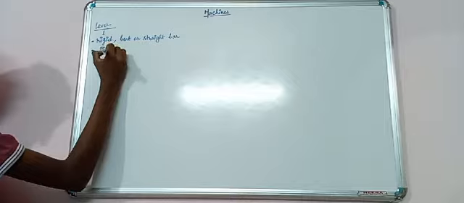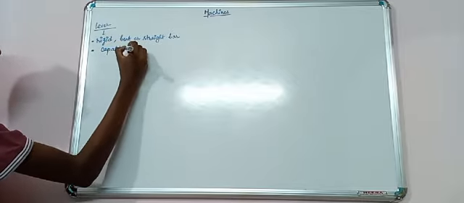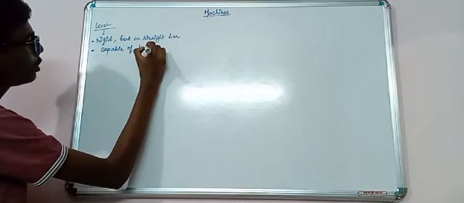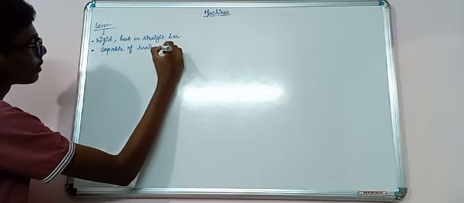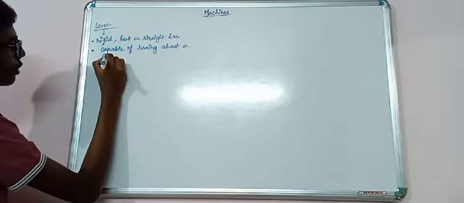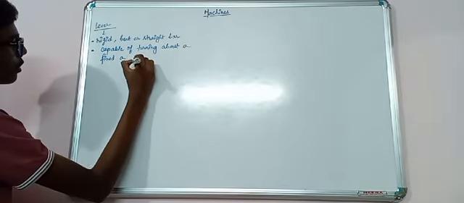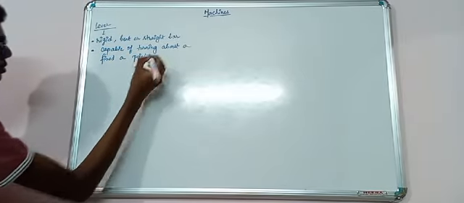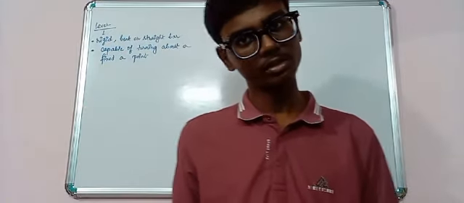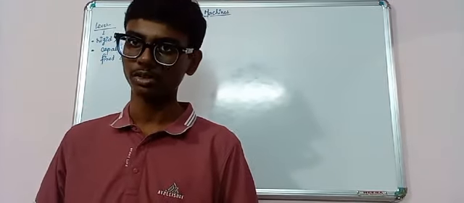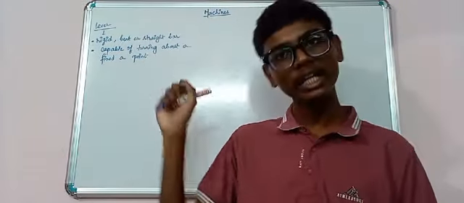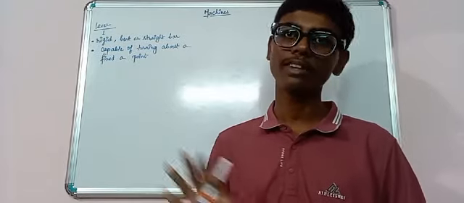For today, we will only know about levers. We will not go to its classes today. In my next video, I will proceed with the classes. Today, only the basic concept of lever I will tell you.